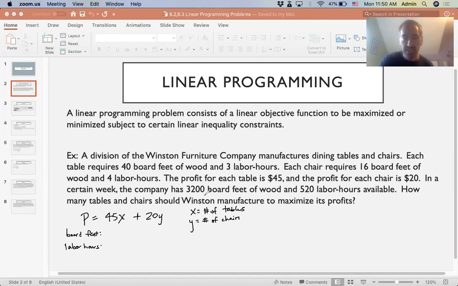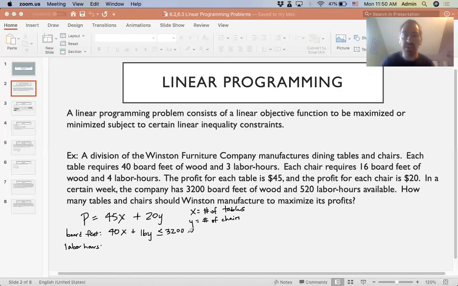Okay, so that means that if we have 40 board feet of wood that's used for each table, X, and we have 16 board feet of wood that's used for each chair, so 16Y, if we add those together, that cannot be more than 3,200 board feet.